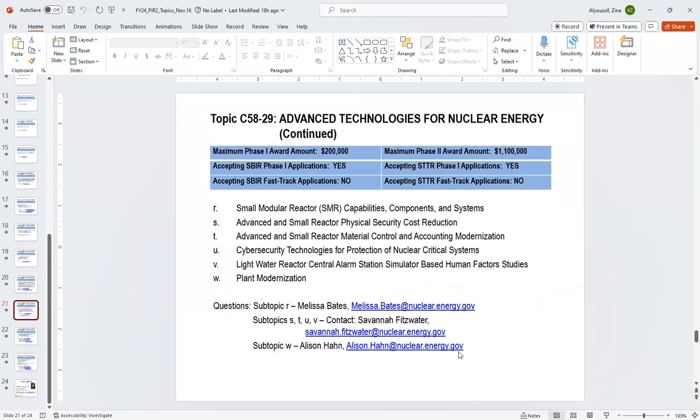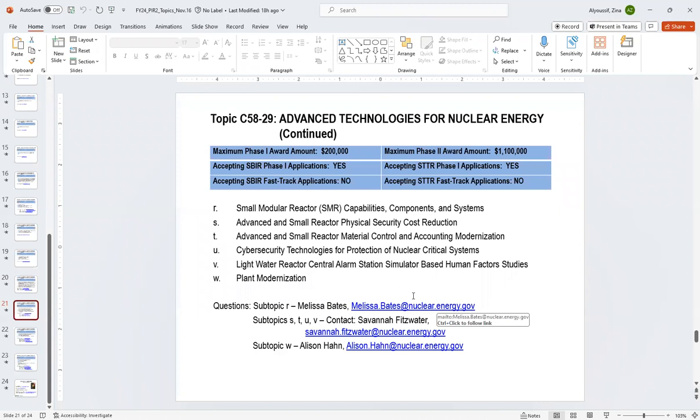That's a key to integrate these simulators with security modeling visualizations to engage in full scope human factor study with the ultimate goal of moving force on force exercises to that augmented reality and simulated environment. And with that, I will conclude Savannah's subtopics. Again, if there are questions, please reach out to Savannah at that email address right there for her response.